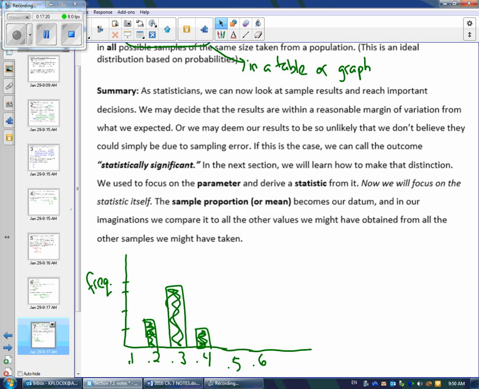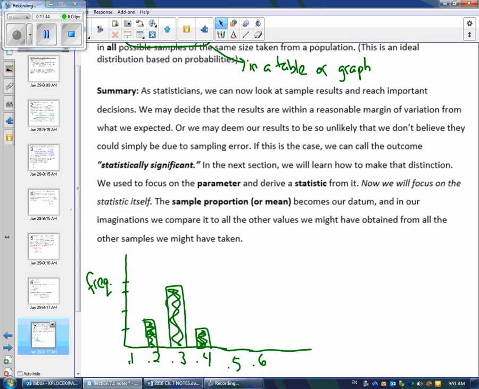In the next section, we'll learn how to make that distinction. We used to focus on a parameter and derive a statistic from it. Now we're going to focus on the statistic itself. The sample proportion or mean becomes our datum. In our imaginations, we compare it to all other possible values we might have obtained from all other samples we might have taken. So we're actually going to start looking at an estimate interval.